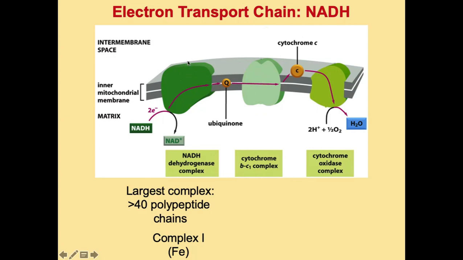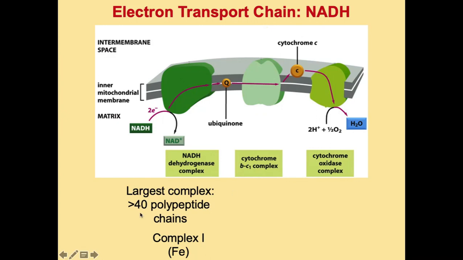So the first one here is complex 1, this is complex 3, and we'll talk a little bit about complex 2 later on. Electrons are then passed on to cytochrome C before coming down to complex 4.